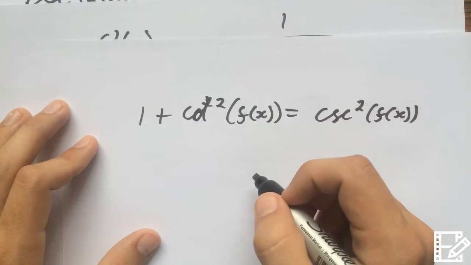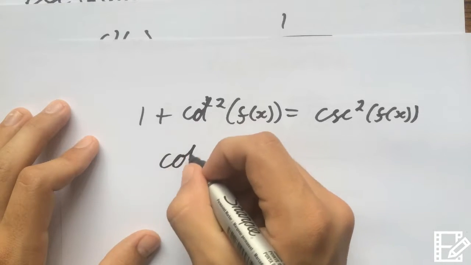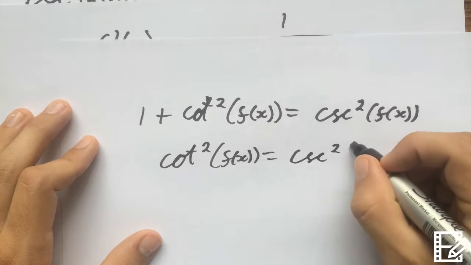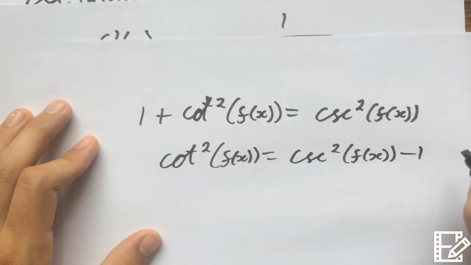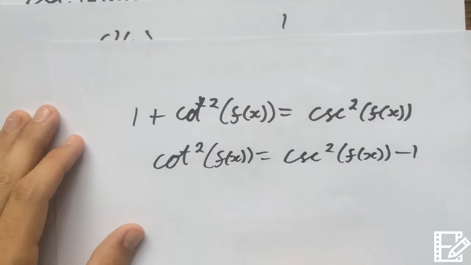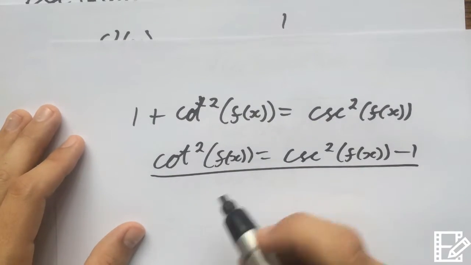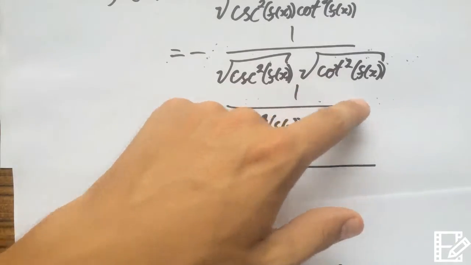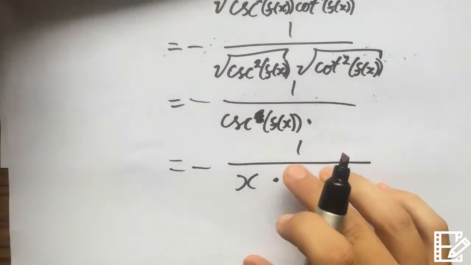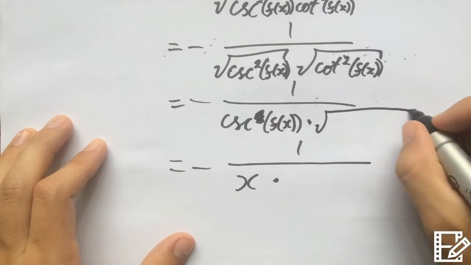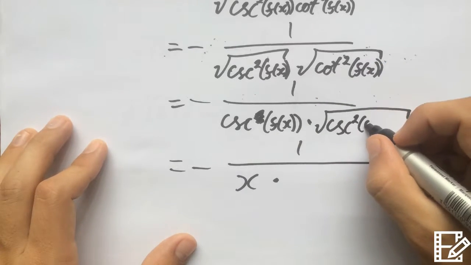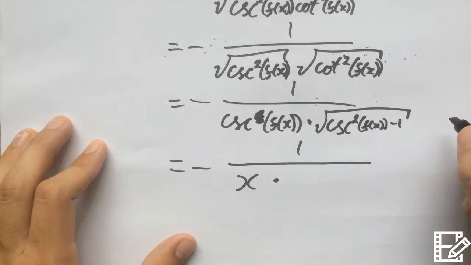So what I'm going to do is rearrange it so I have cot squared on its own, which means I'll have cot squared fx equals cosec squared fx minus 1, because all I did was subtract 1. Bring the 1 over to the other side. Okay, so this is what we have. We have a cot squared fx, so we're going to replace it with the cosec squared fx minus 1. Still going to be a square root, we just replace the stuff on the inside. Cosec squared fx minus 1.